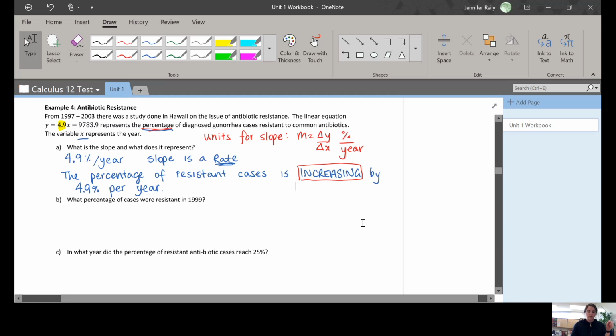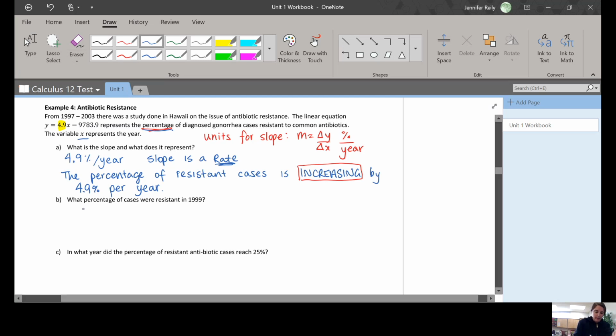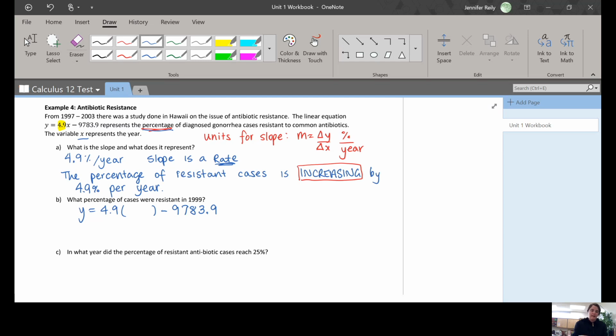Okay, so what percentage of cases were resistant in 1999? So that's just using the formula. Okay, so we have y equals 4.9, and the number they give us there is an x value, because x represents year. So if you have any time, 99% of the time it's going to be an x value because it's an independent variable.